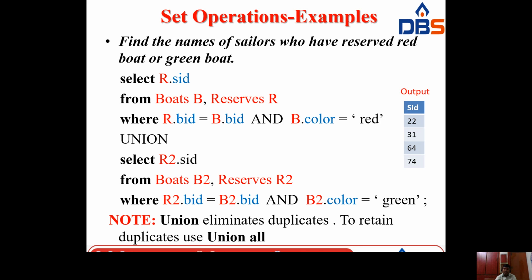In the previous one the color is red, here the color is green. Both red color as well as green color boats. Now this is the output for this one. We are displaying the SID, that is 22, 31, 64 as well as 74.